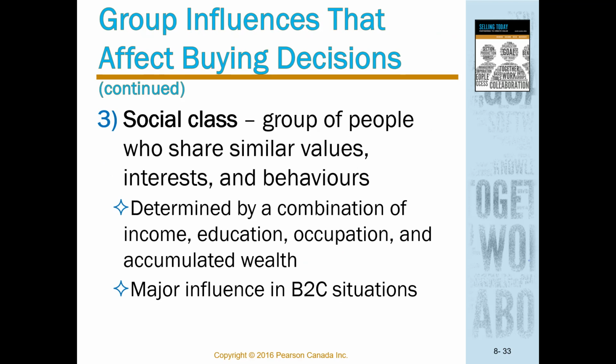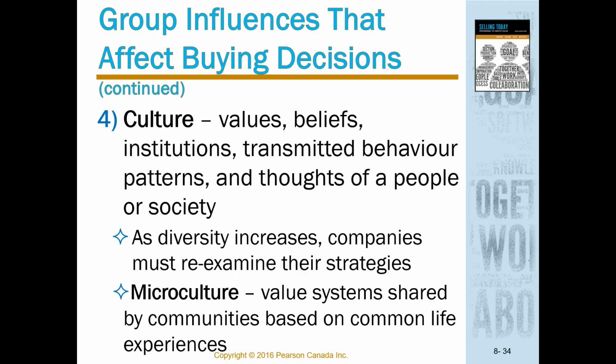Social class, a group of people who share similar values. Culture, we've been through this many times, values and beliefs. But if you look down, you have microculture. This is really important to know. This is the value system shared by communities based on common life experiences. That is the difference, is the common life experiences.